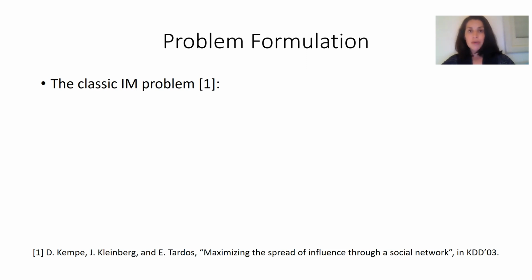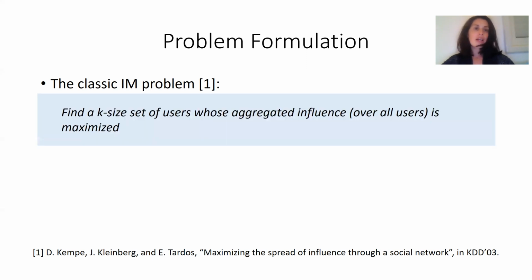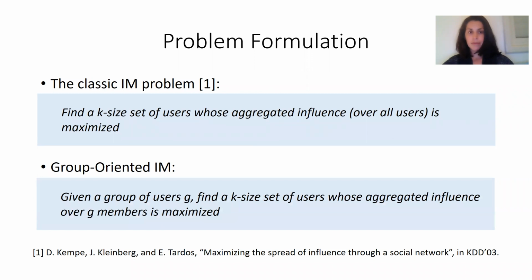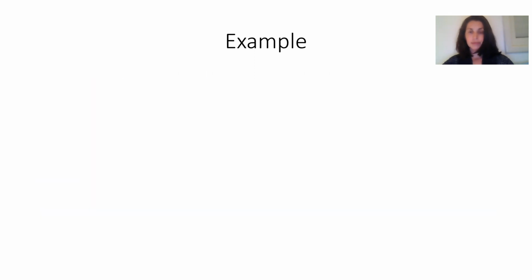Intuitively, we define our problem as follows. We start by defining the classical influence maximization problem, which is the problem of finding a k-size set of users whose aggregated influence over all users is maximized. The group-oriented influence maximization problem, which is often called the targeted IM problem, is given an input group of users, which we call G, and finds a k-size set of users whose aggregated influence over the G members is maximized.